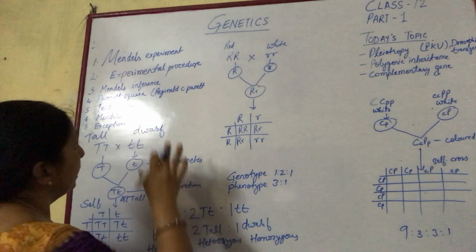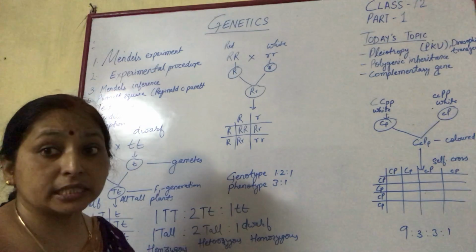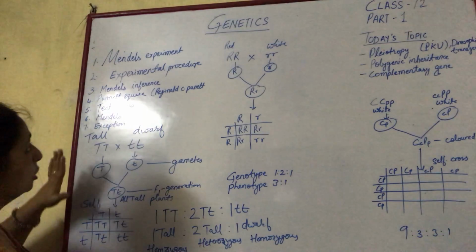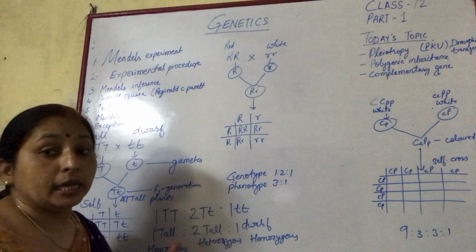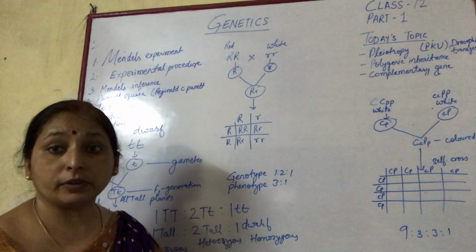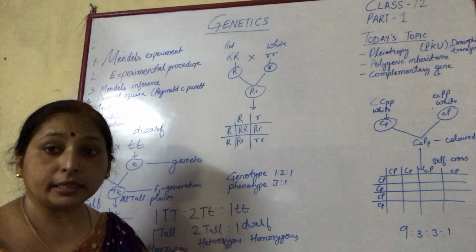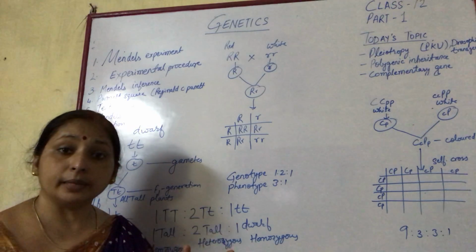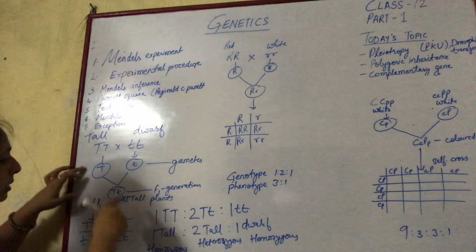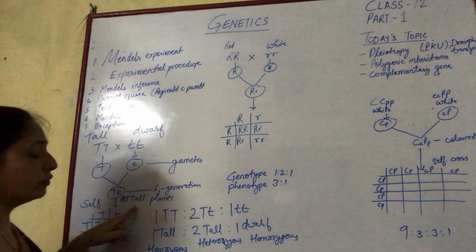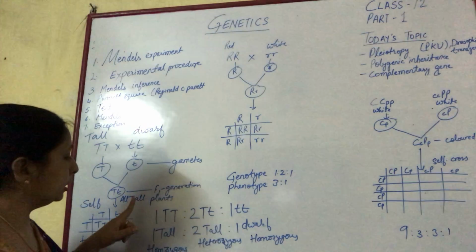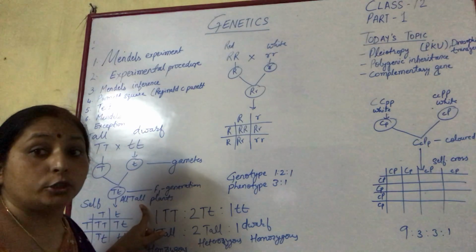Next, Mendel's laws. According to Mendel's first law, which is the law of dominance, the character which expresses itself in the first filial generation is the dominant character, while the one which remains hidden is the recessive character. In this case, the character expressed in the first filial generation is the tall character, and that is the dominant one.